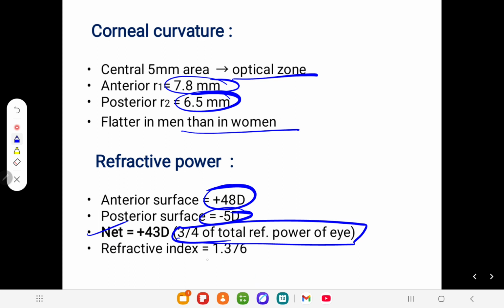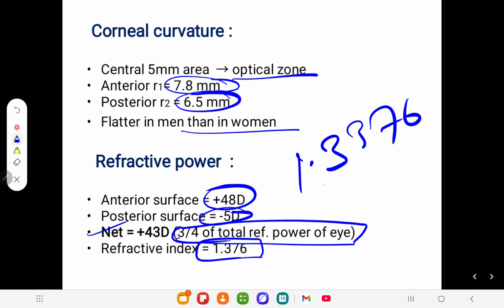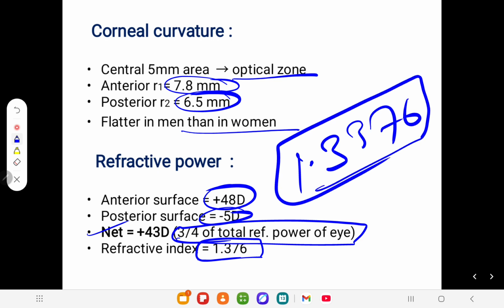Refractive index of the cornea is 1.376, that's very important. The refractive index taken in keratometry is 1.3375. Why? Because we measure only the front surface of the cornea and we want to derive the whole power of the cornea from the front surface. So that's why we measure corneal curvature at the front surface, but at the same time we want the power of the cornea as a whole.